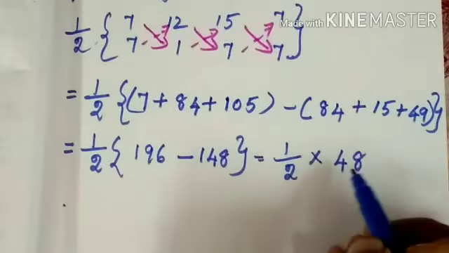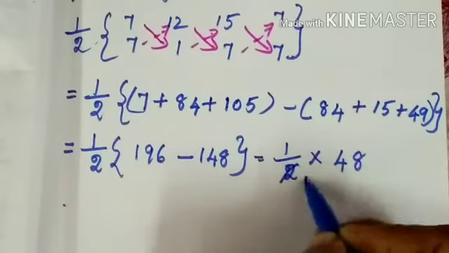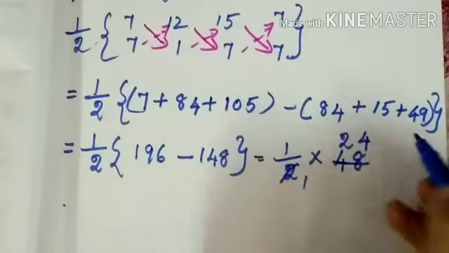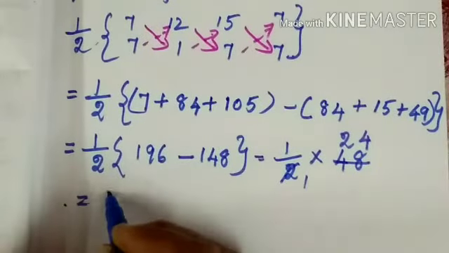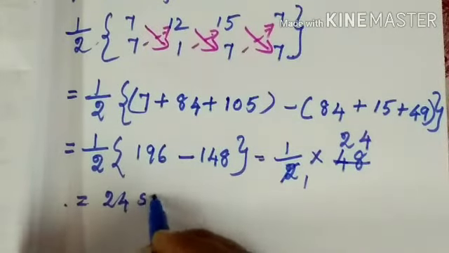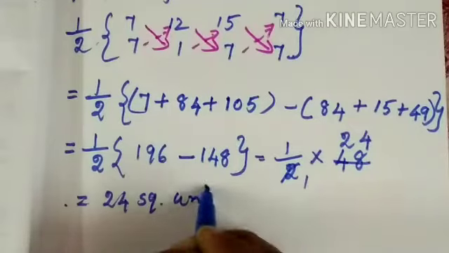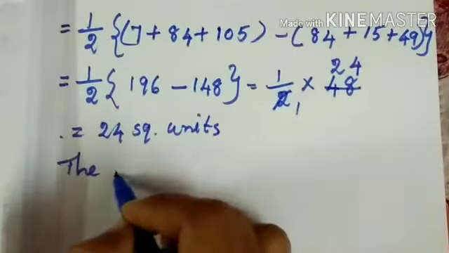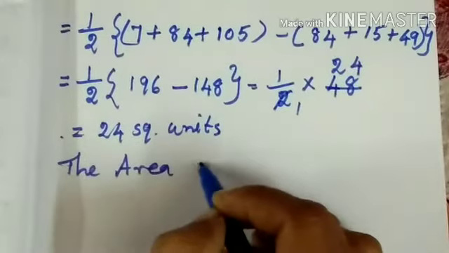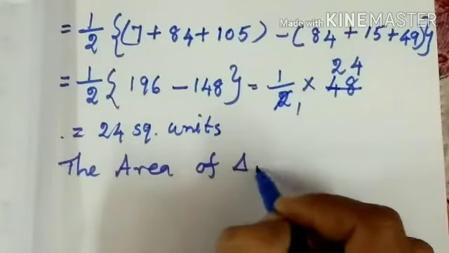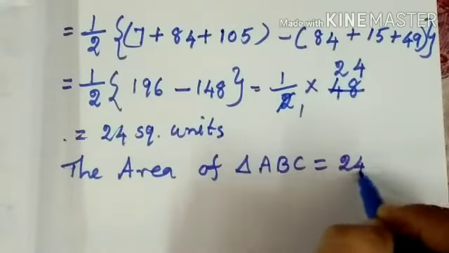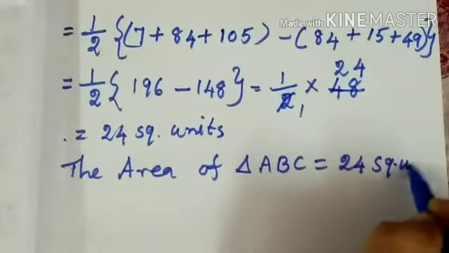Then cancelling this by 2, we get 2 1s are 2, 2 2s are 4, 2 4s are 8. That is 24 square units. The area of triangle ABC is equal to 24 square units.